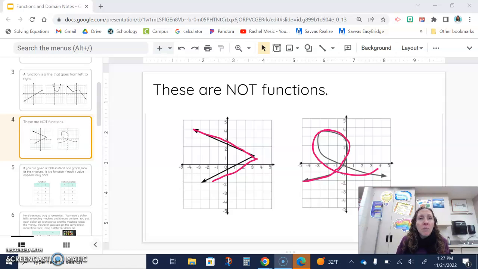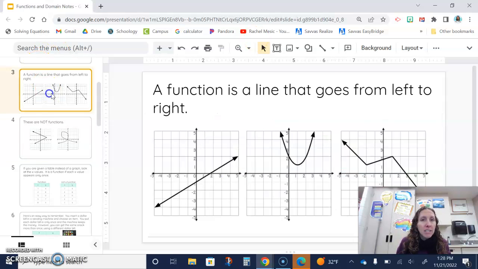Another way to tell too is if you were to draw a vertical line, this vertical line would only pass through the graphed line at one point, no matter where you draw that line. So I'm going to actually go back to these ones here. If I draw a vertical line, let's say here, it's only going to pass through the line once.